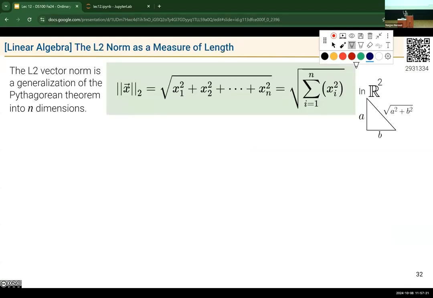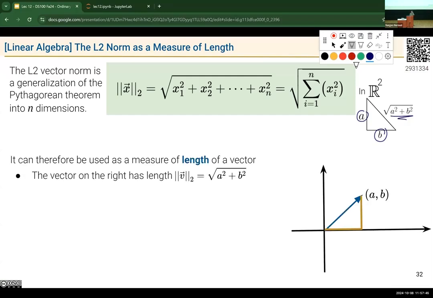So this L2 norm can be used in order to measure the length or size of a vector. And it's also kind of a generalization of the Pythagorean theorem. So in the Pythagorean theorem, you had that if one side is A, one side is B, this other side is going to have the length of the square root of A squared plus B squared.